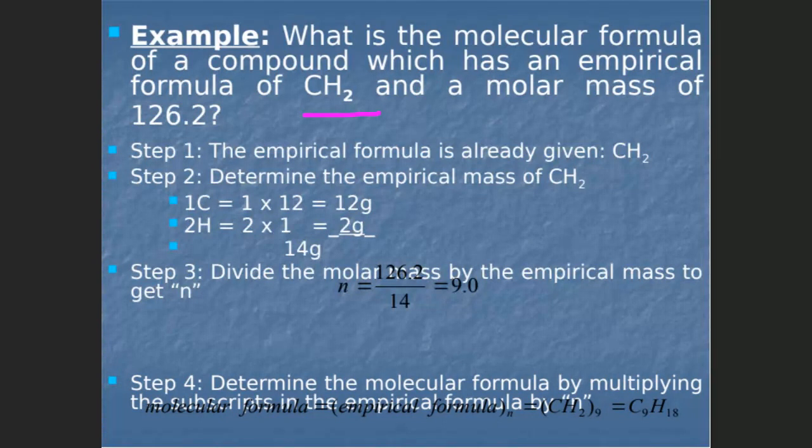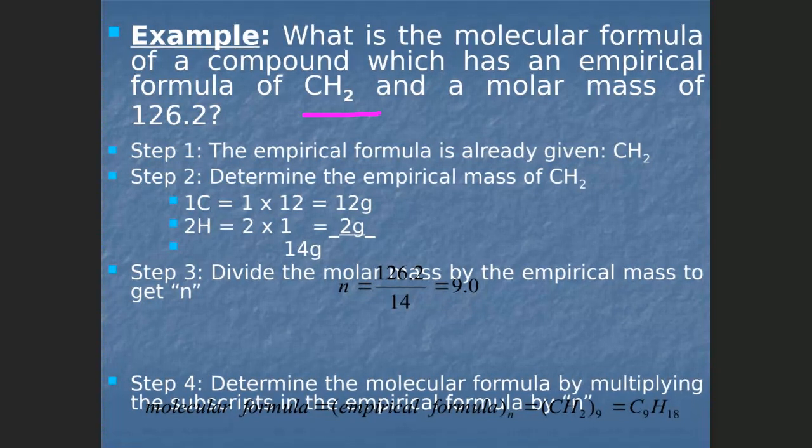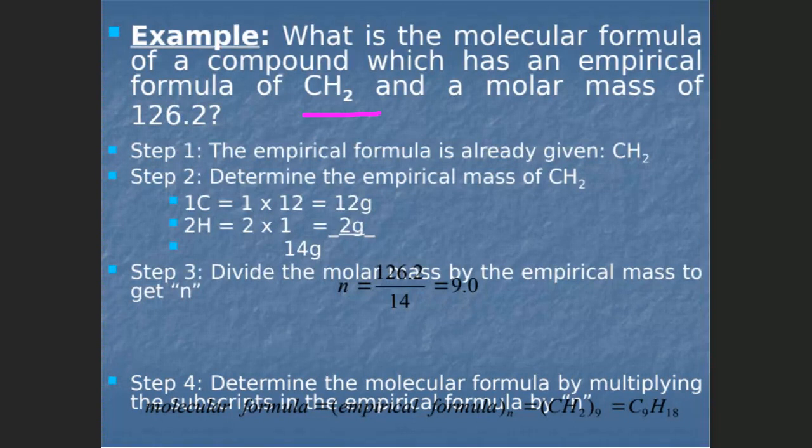Like in the other institute where I teach, when we make this type of broad question, you have to go through the whole empirical formula procedure and then this two-step molecular formula procedure. So obviously you will have points like 6, 7, or 8. If you have to do just one part, we put 5 points or something like that. So your time and hard work equal exam points. Don't worry about it.